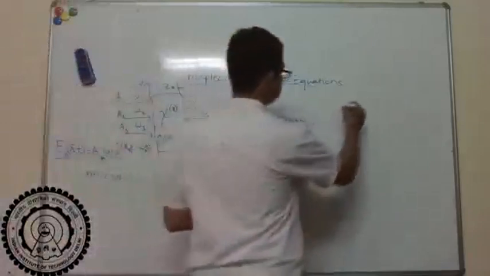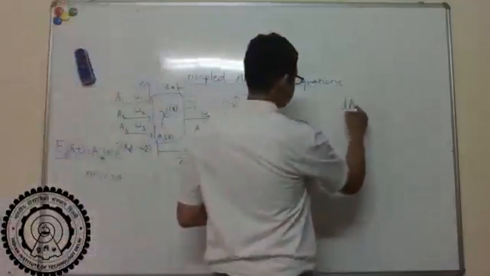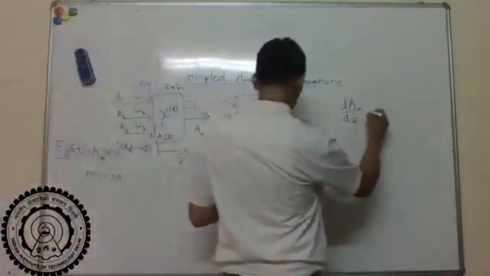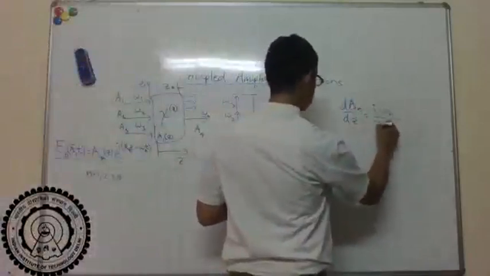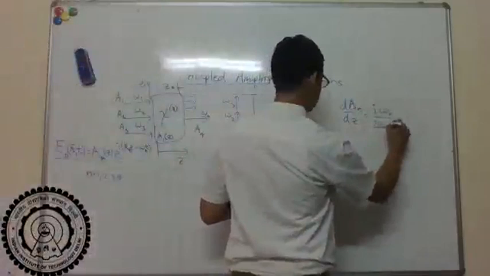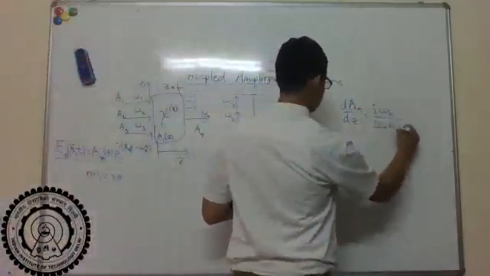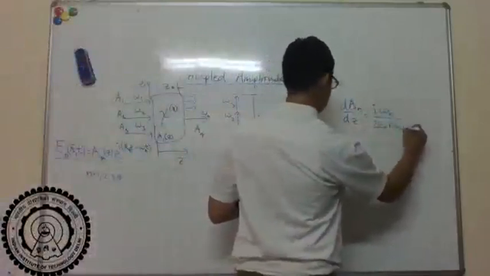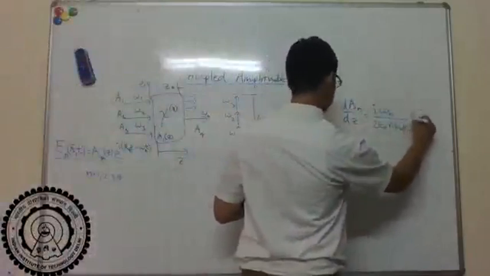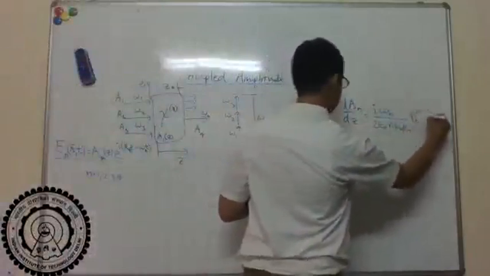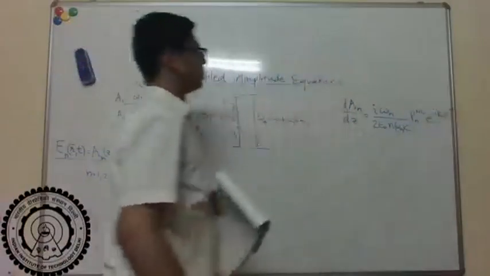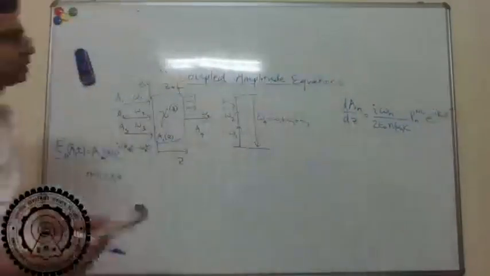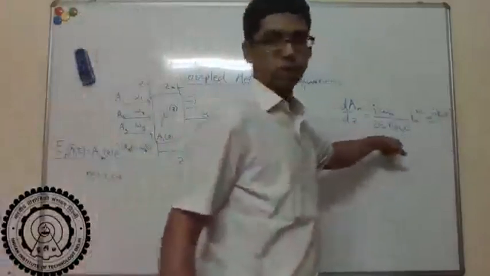Again, the canonical propagation equation is this. I just plug in n equal to 1, 2, 3, 4 into this.